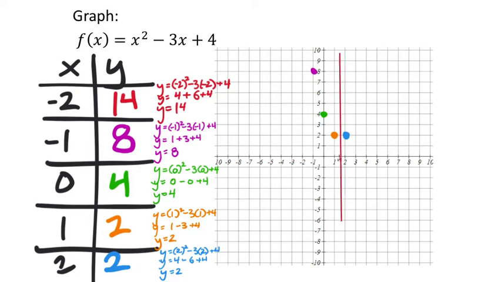So I'm only putting this line here to show that that's where things reflect with this U or parabola, whatever you want to call it. So where the green is about 1.5 to the left, we should have another 1.5 to the right. And same with the purple, it's 2.5, so 2.5 to the right. So that's kind of how I'm making this graph. Where exactly is the tip? I really don't care right now. But in the future, you will.